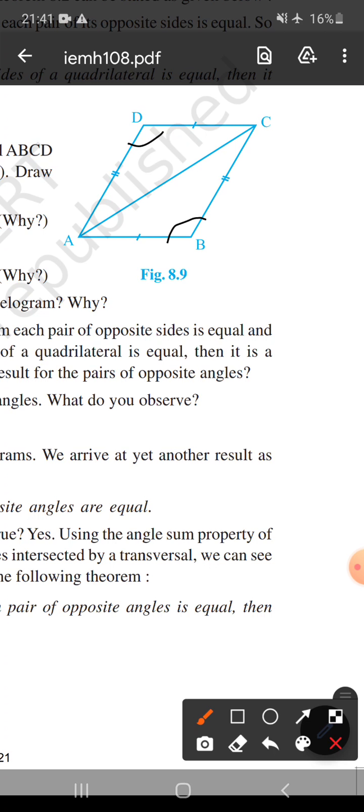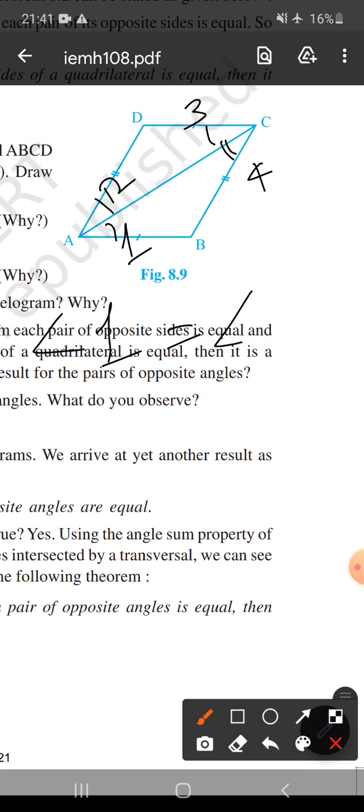Now another case is that this angle was equal to this angle and this angle was equal to this angle. Let us name them 1, 2, 3, 4. Right, here angle 1 is equal to angle 3, angle 2 is equal to angle 4, right?